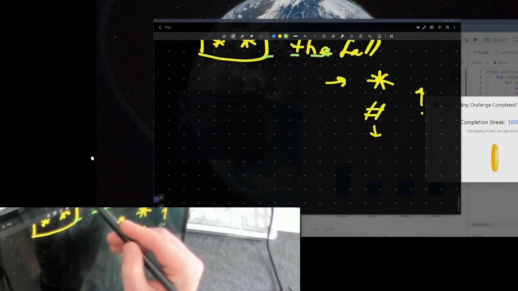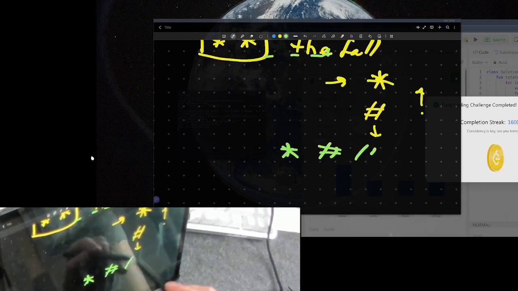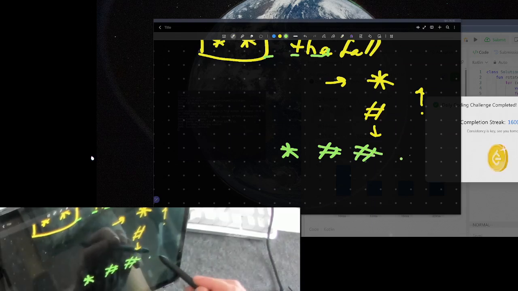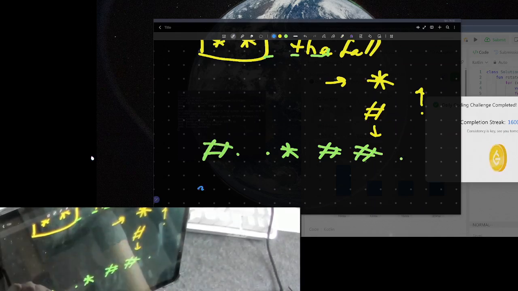So you have some stars and hashbangs and dots, and when you do this simulation you go character by character and you simulate the fall.